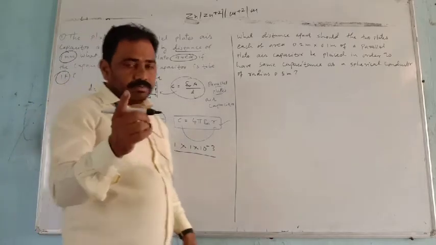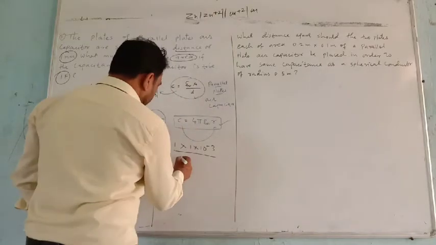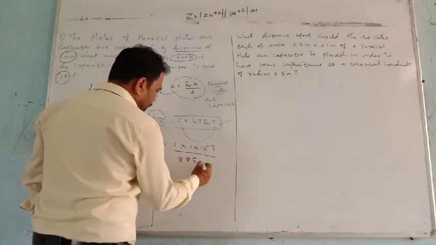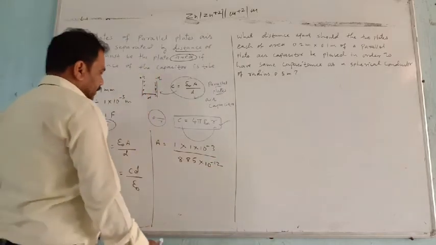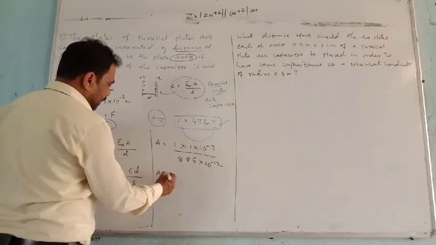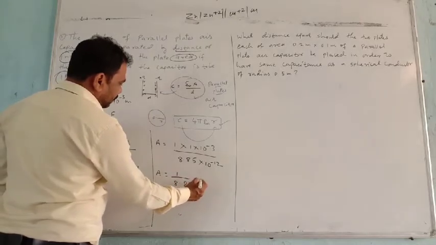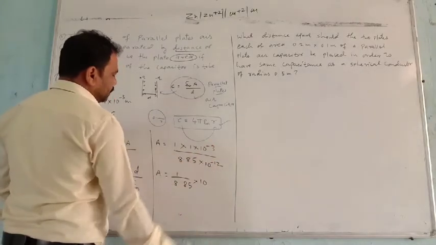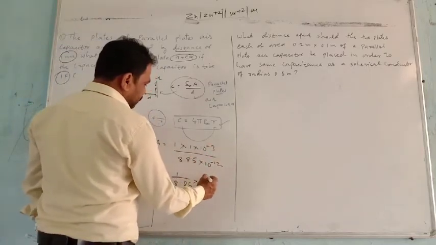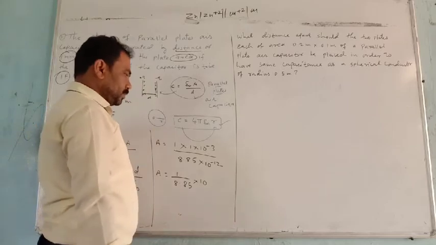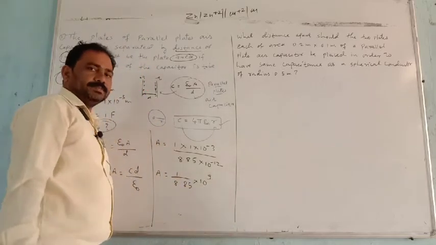You should know the value of epsilon naught. What is the value of epsilon naught? It is 8.85 into 10 to the power minus 12. So we get the area equal to 1 upon 8.85 into 10 to the power minus 3, and this one is minus 12, so it becomes plus 12. Minus 3 plus 12 is plus 9.